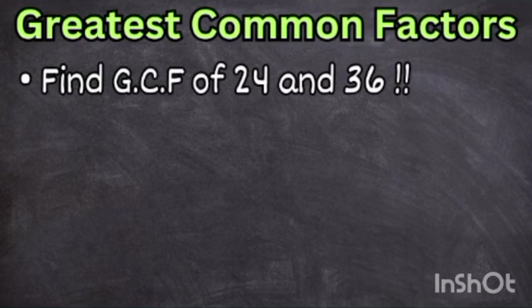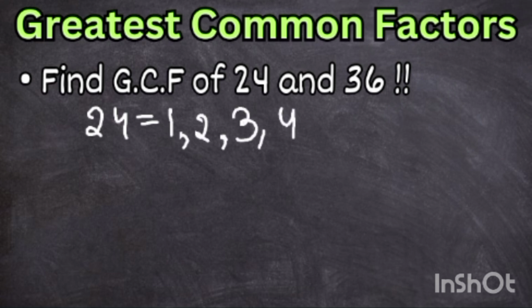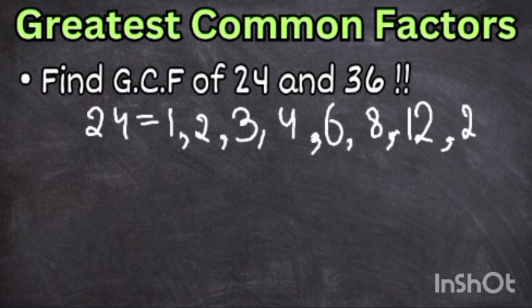In this we are also going to list all the factors of 24 and 36. So the factors of 24 are 1, 2, 3, 4, 6, 8, 12 and 24.